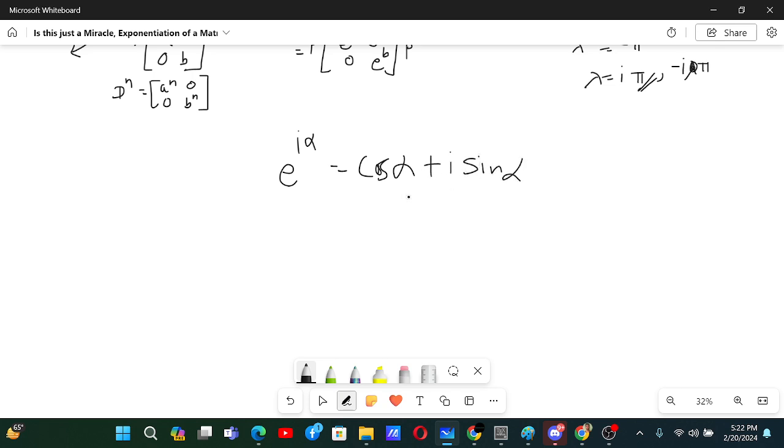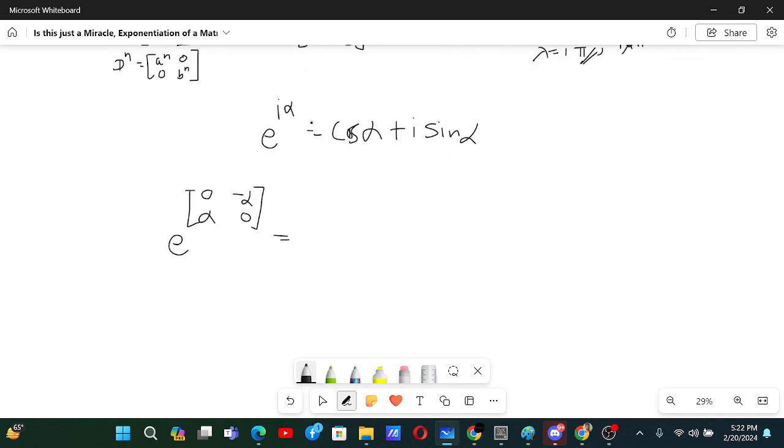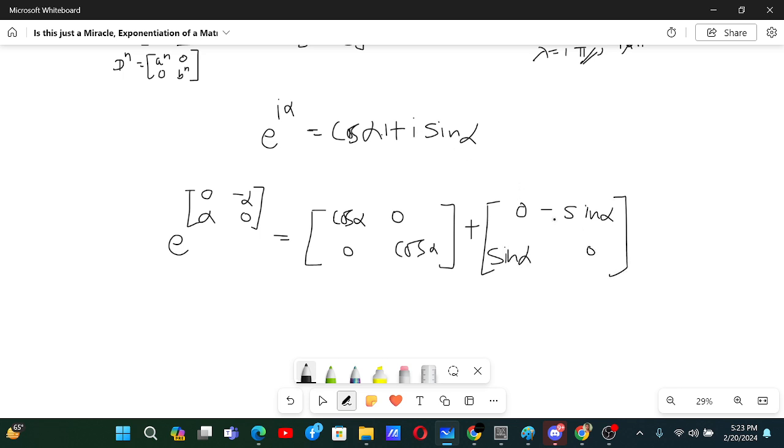Now if you try finding e to the power of the matrix 0 minus alpha alpha 0, using the normal matrix exponentiation rules from the previous way, the result you will get is cos alpha times 1, so cos alpha 0 0 cos alpha, and then sin alpha times i, 0 minus sin alpha sin alpha 0, because i is this matrix, 1 is this matrix.